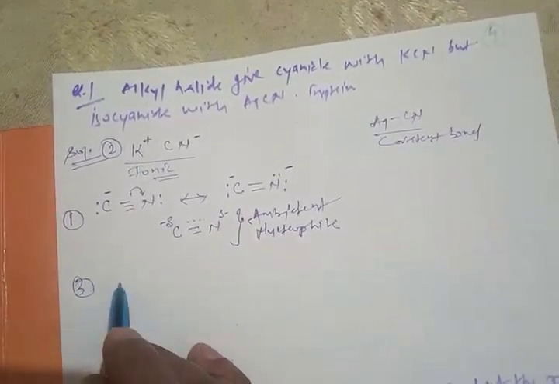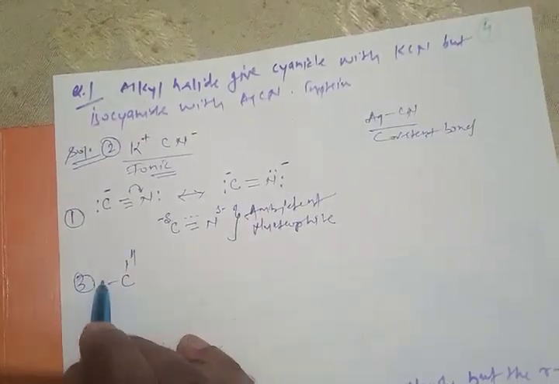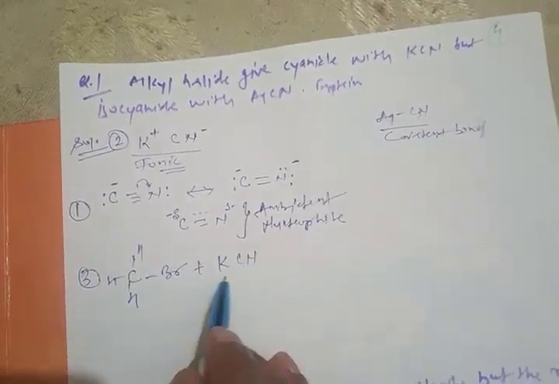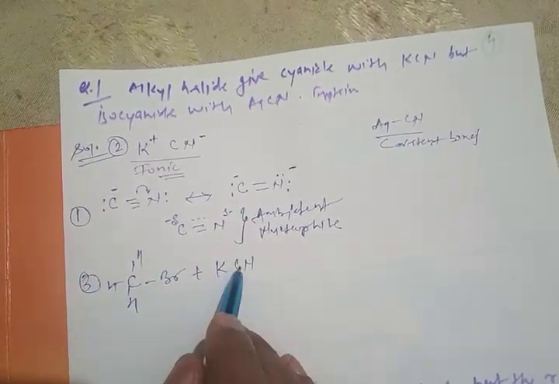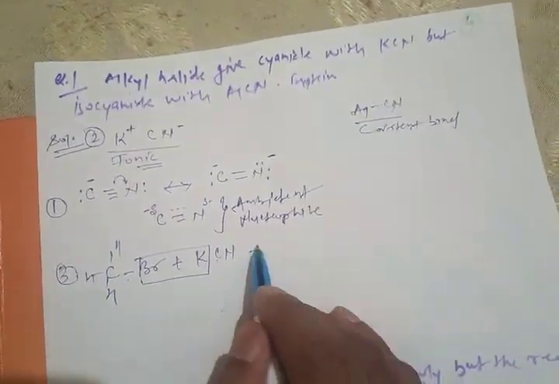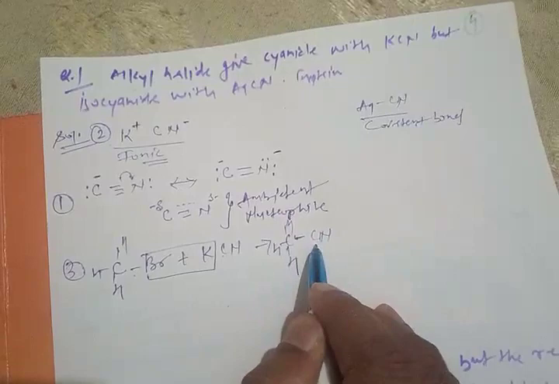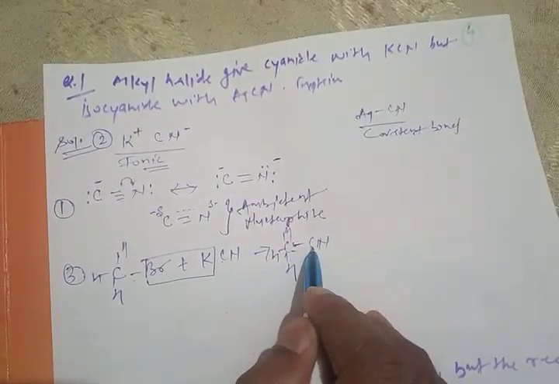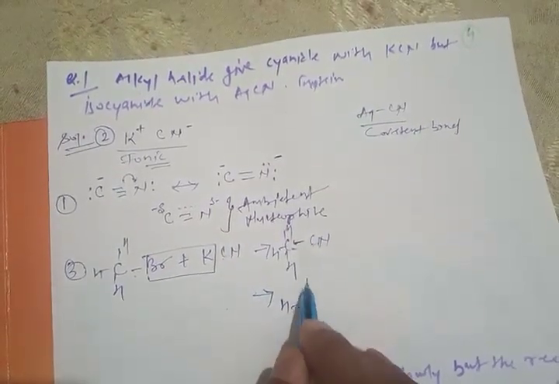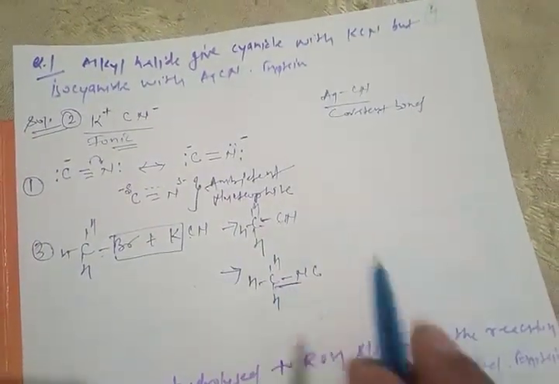See, we have R, so CH3 and Br, and KCN. Now if the attacking site is carbon, because Br will be removed, we get CH3 and CN. So here is the formation of a carbon-carbon bond. On the other hand, if we go for the nitrogen side, CH3 and NC, here is the formation of a carbon-nitrogen bond.